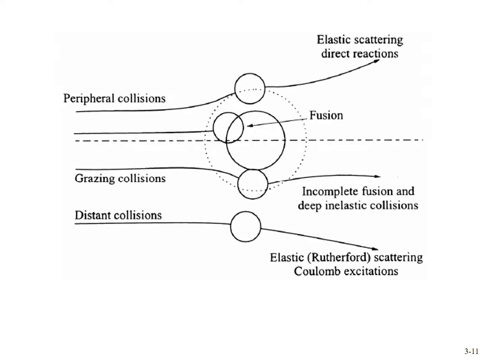For the heavy ion reactions, an overview is listed here, the same figure that was shown on the previous page. We can get collisions that are primarily elastic scattering, some distant collisions where you can get Coulomb excitation of the nucleus, and as the particle comes closer to the nucleus, you can get some transfer reactions. These can also lead to deep inelastic collisions.